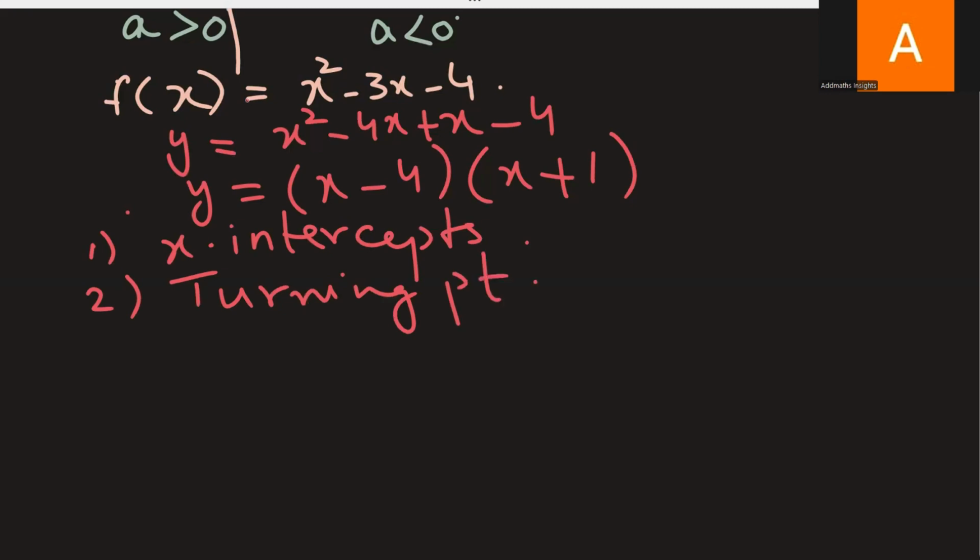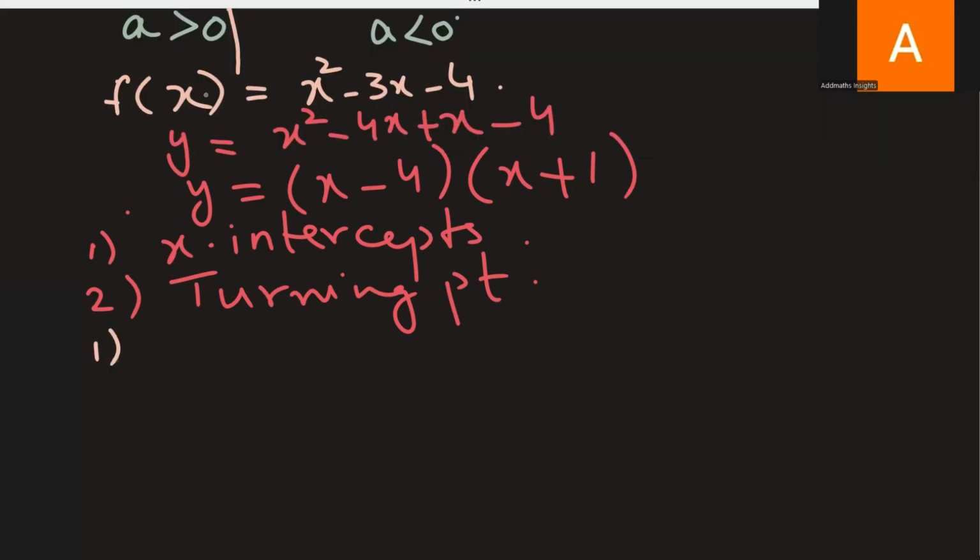Because factorization is possible, we are using the first method to sketch the quadratic function. X-intercept means the point where your curve crosses the x-axis. So how can you find those points? You know, at the x-axis, the value of y is 0.